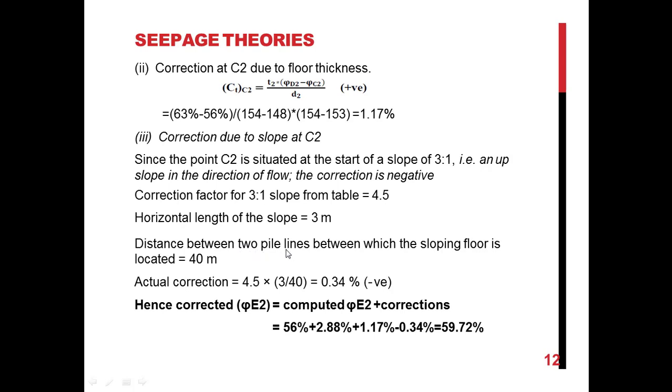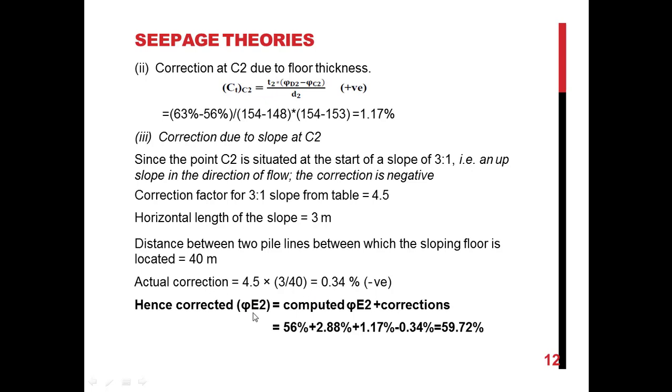The distance between the two pile lines between which the sloping floor is located is 40 meters. So the actual correction is 4.5 multiplied by 3 divided by 40, which gives the total percentage correction value, equal to 0.34%, and it is negative since the slope is in the upward direction.